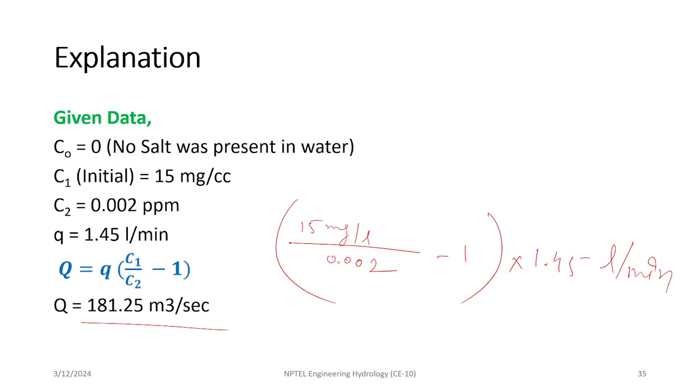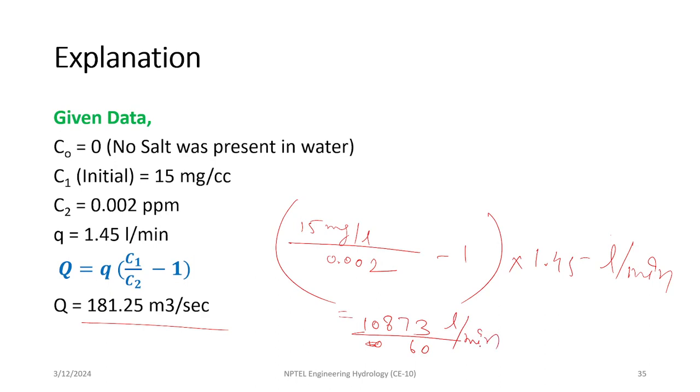Divided by 1000. Are you dividing it by 60 or not? Because it should be meter cube per second, so it will be divided by 60. 10873.55 divided by 10873, right? Then divided by 60, because it was in liter per minute.